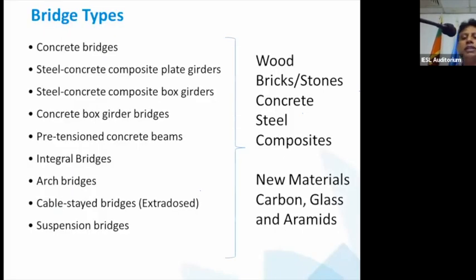When you look at the types of bridges, of course, you see variety. When you walk around the city, there are so many types. But what I wanted to emphasize is that none is possible without the understanding of the materials. If you look at the history, the overall types of materials we have are wood, bricks, concrete, and steel.